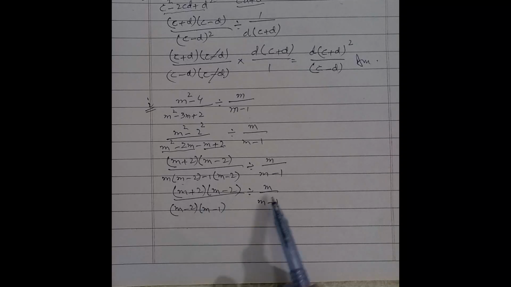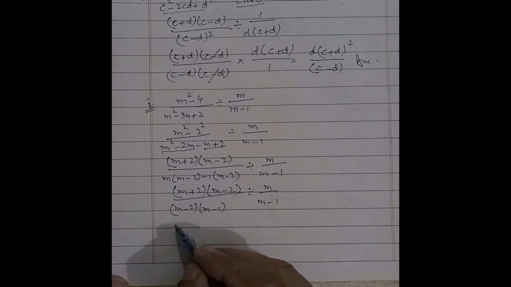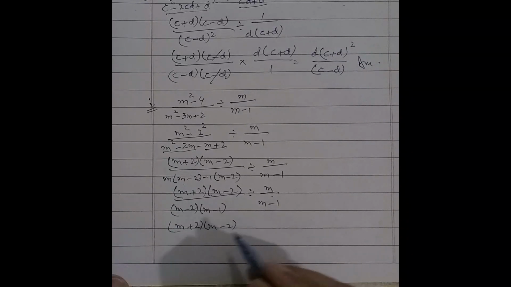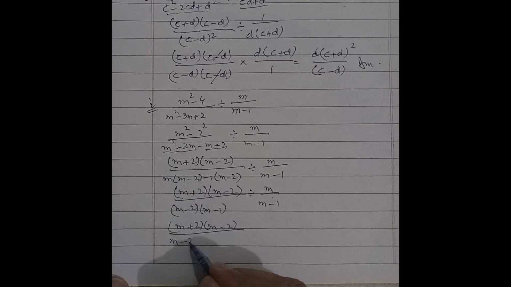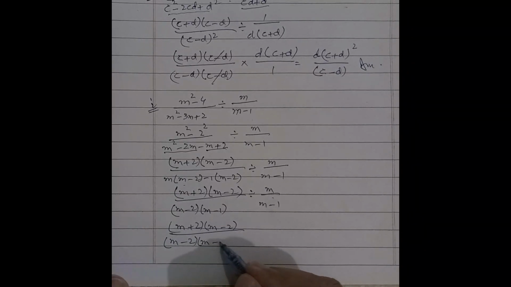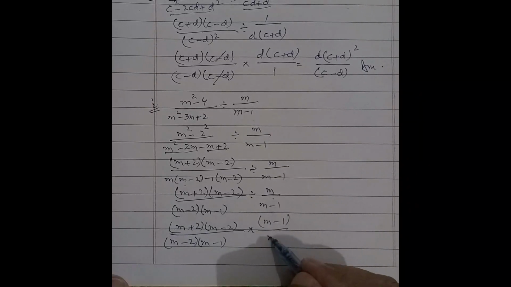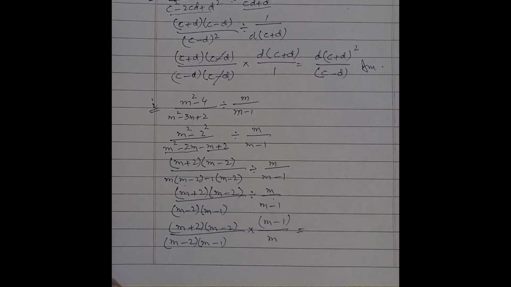These two values are dividing and we convert it into multiplication. The answer is (m plus 2)(m minus 2) over (m minus 2)(m minus 1), multiplied by (m minus 1) over m. Now simplify these values. m minus 1 cancels with m minus 1, m minus 2 cancels with m minus 2.